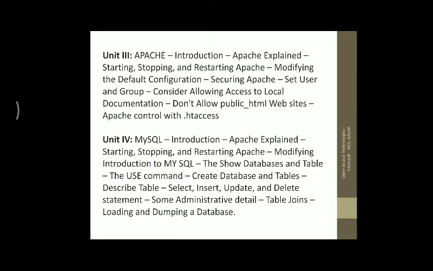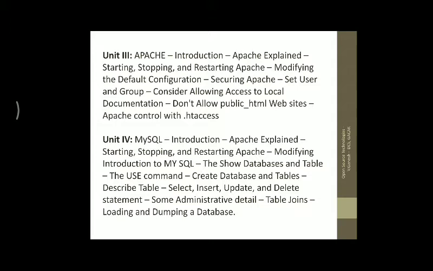Then unit 3 about Apache. Apache is open source web server, how this web server is working with Linux, how these web servers are configured in the Linux, and how we can secure the server. So these all things are included in this.